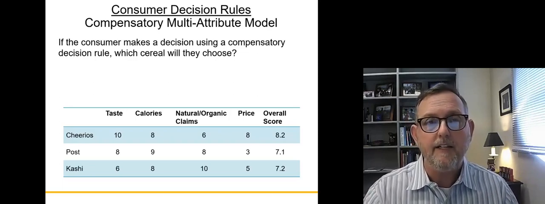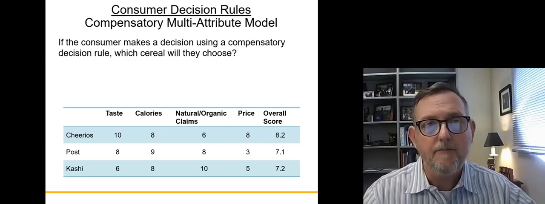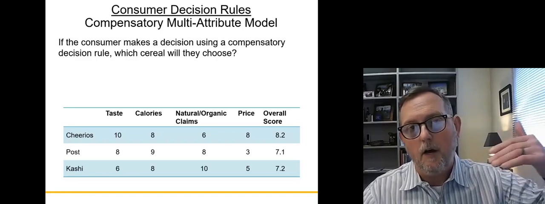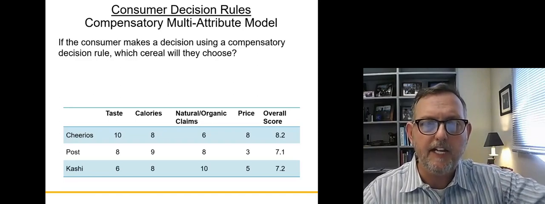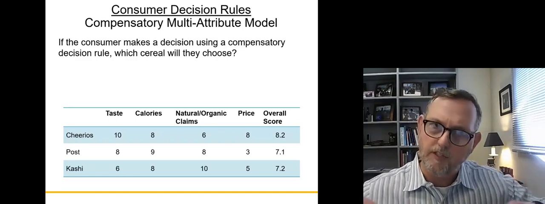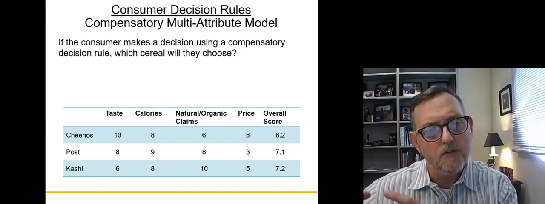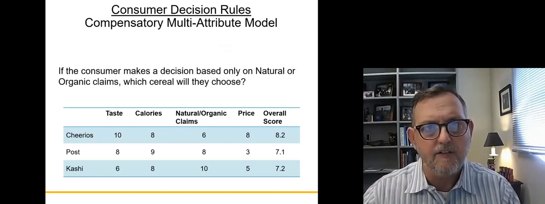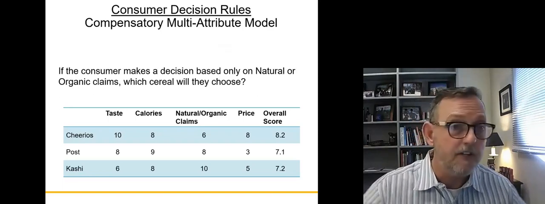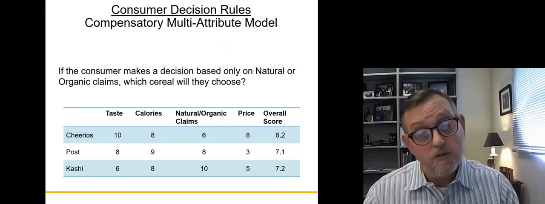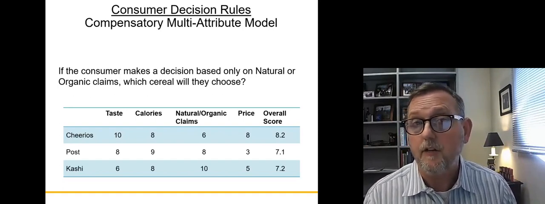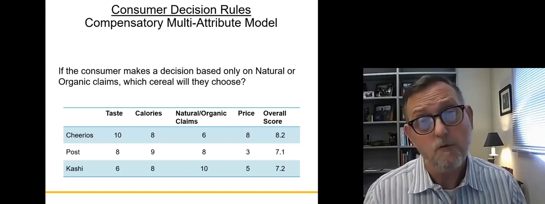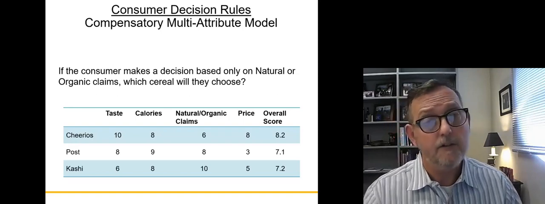Now, where this could deviate is when somebody puts more emphasis on one criteria than another. In other words, you may not take all 4 of these as equally important. You may favor one of the criteria over another. So if a consumer, for instance, is really, really focused on the natural and organic claims of a cereal, then they probably won't choose Cheerios, right?